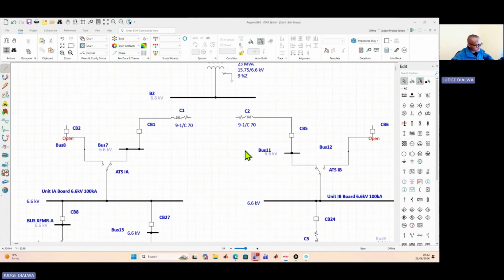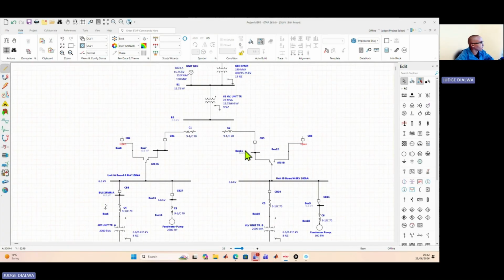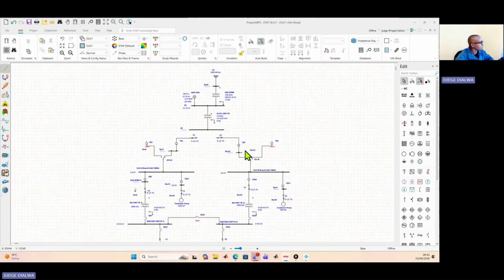Mind you, in our analysis for now, we only considered this part of our network, except from cable C2 and on the right side. So I will just reconnect this part because that is what we are interested in for now.